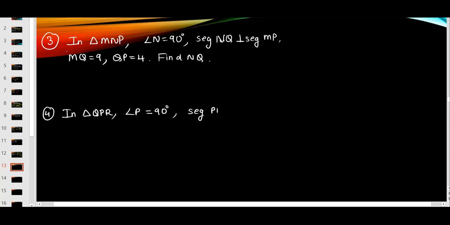Segment PM is perpendicular to segment QR. PM is equal to 30. QM is equal to 8. Find QR. So these are the two questions you have to try yourself.